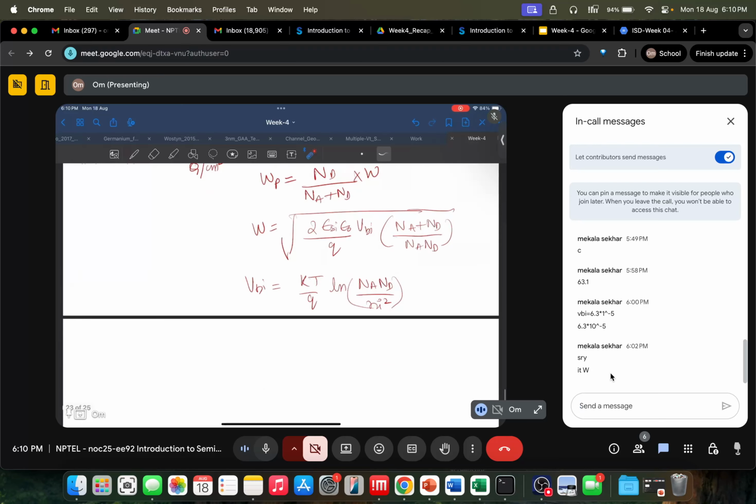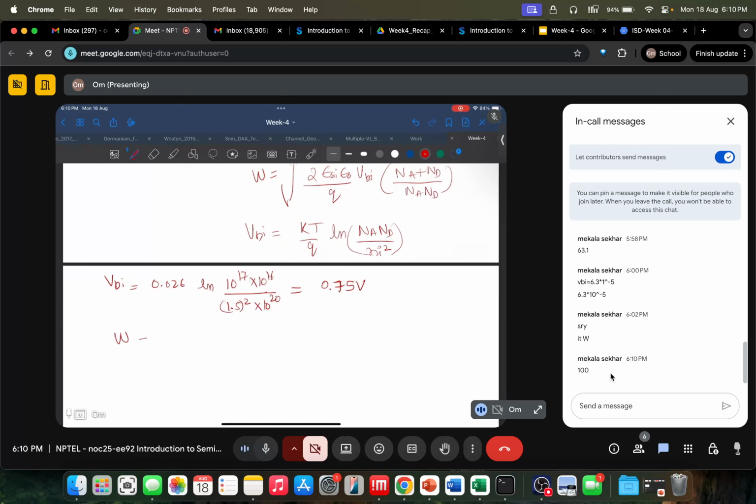So if we solve this, VBI is 0.026 and then 10 to the power 17 into 10 to the power 16 by 1.5 square into 10 to the power 20, which comes out to be around 0.75 volts.